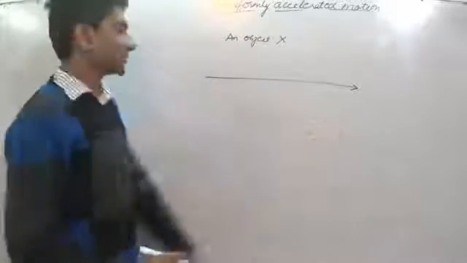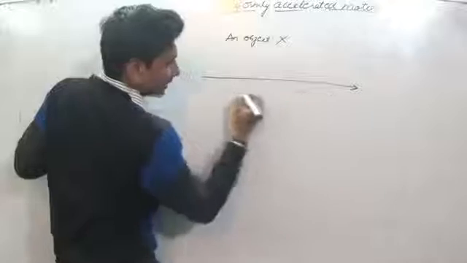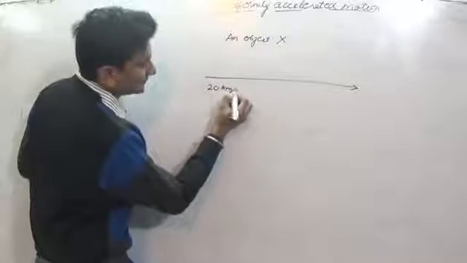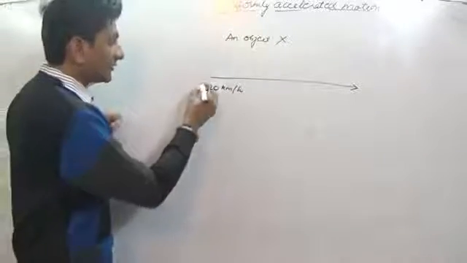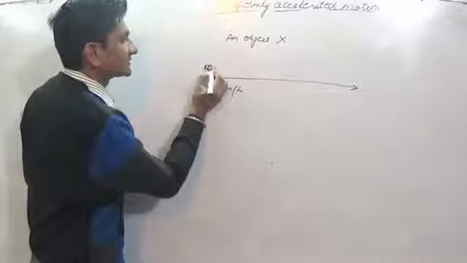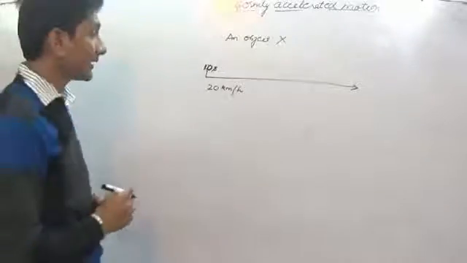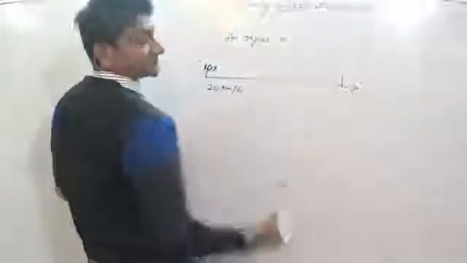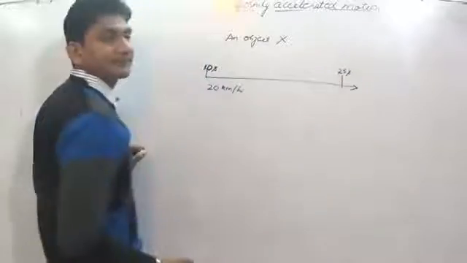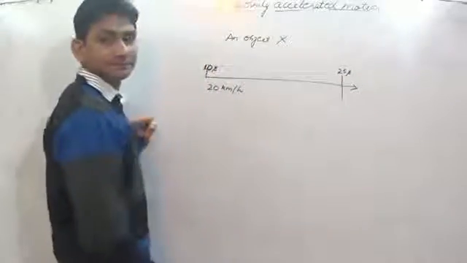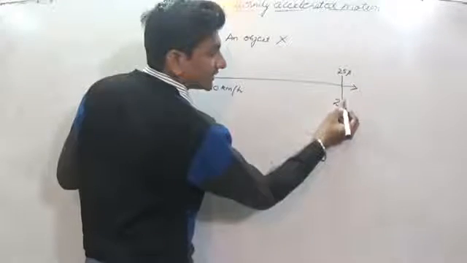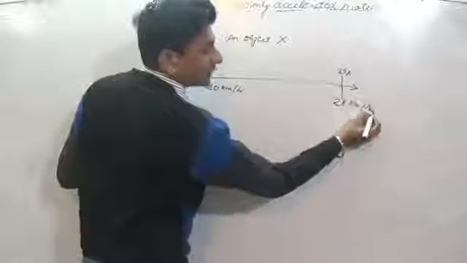Let us say the object is moving with a speed of 20 km per hour when we observe at a particular time, 10 seconds, let us say, and we observe here the time span is 25 seconds and the speed is 28 km per hour.